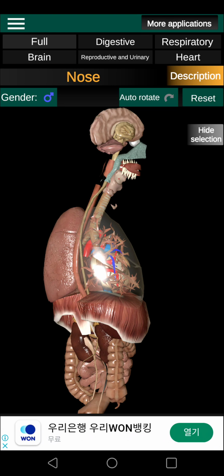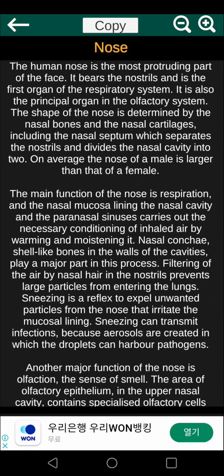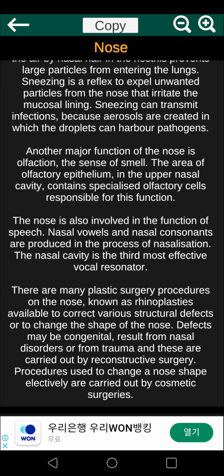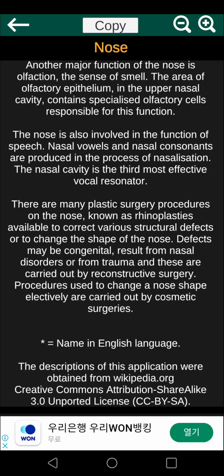Nose. The human nose consists of nasal bones, nasal cartilages, and nasal muscle. Part in this process is also involved, carried out by congenital surgeries.